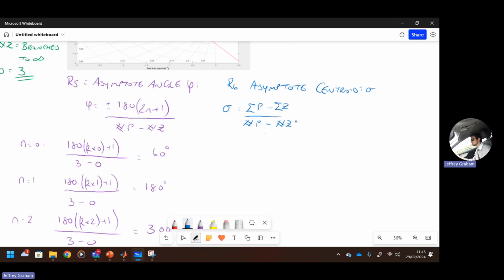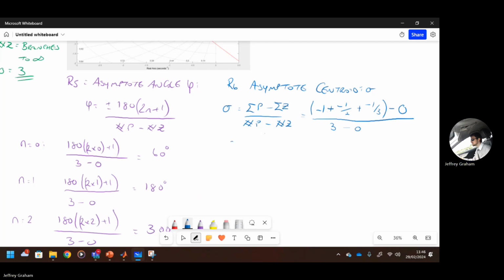We've already worked out the pole values. The values that we had were at -1, one at -0.5, and another pole at -1/3. There's no zeros to worry about, nothing to add up for that one. We've got 3 poles and no zeros.